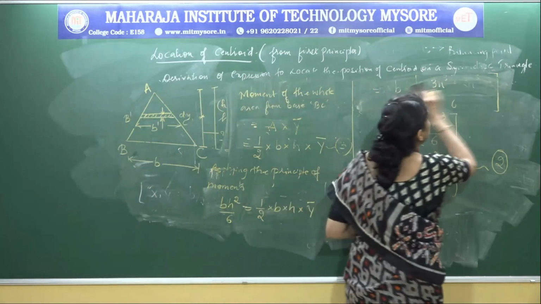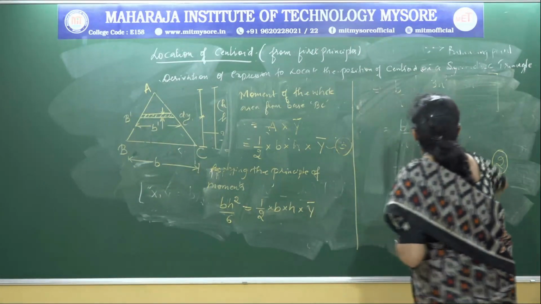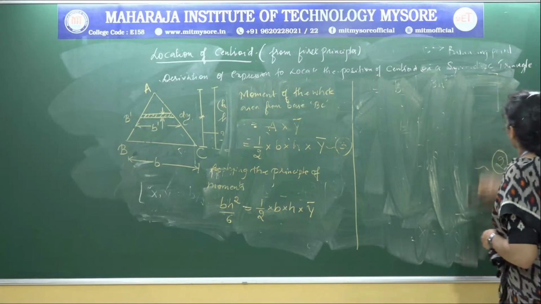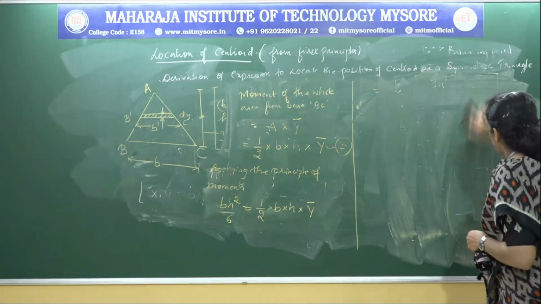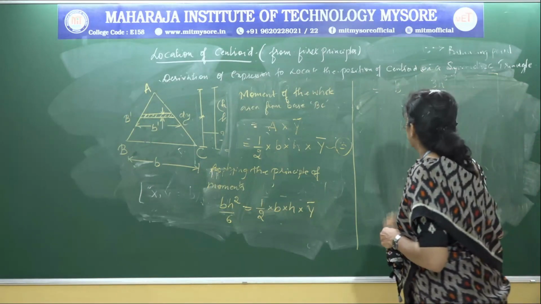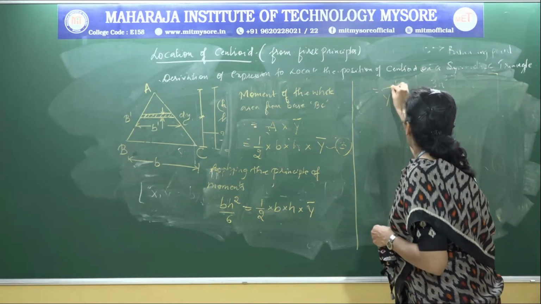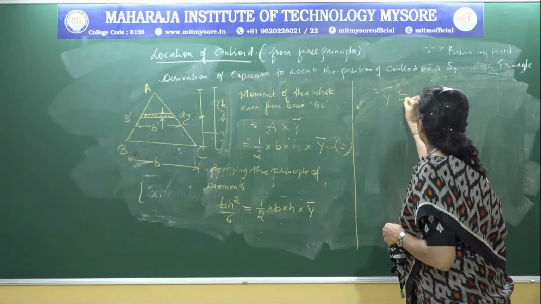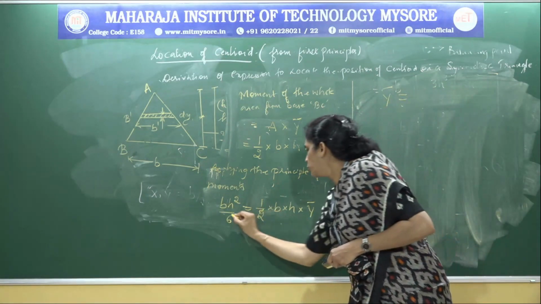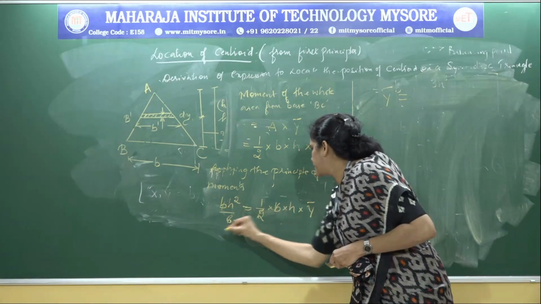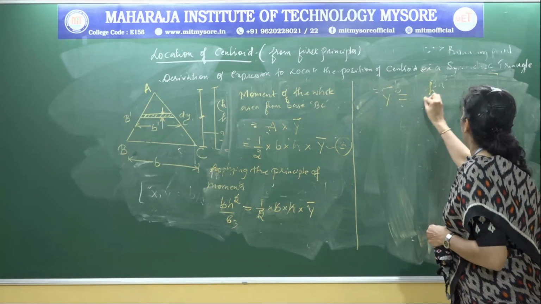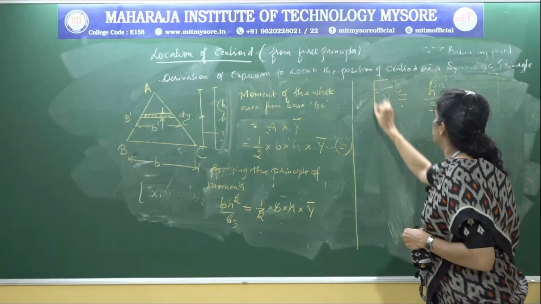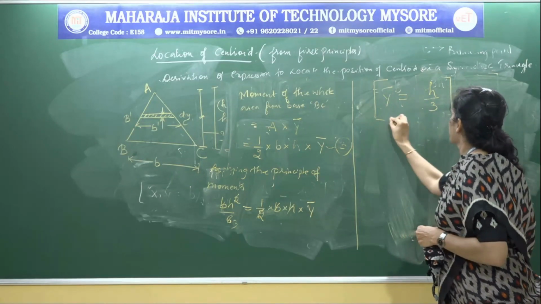While finally we get y bar is equal to 2, B and B is cancelled here, again H is cancelled. So we get y bar is equal to H by 3.